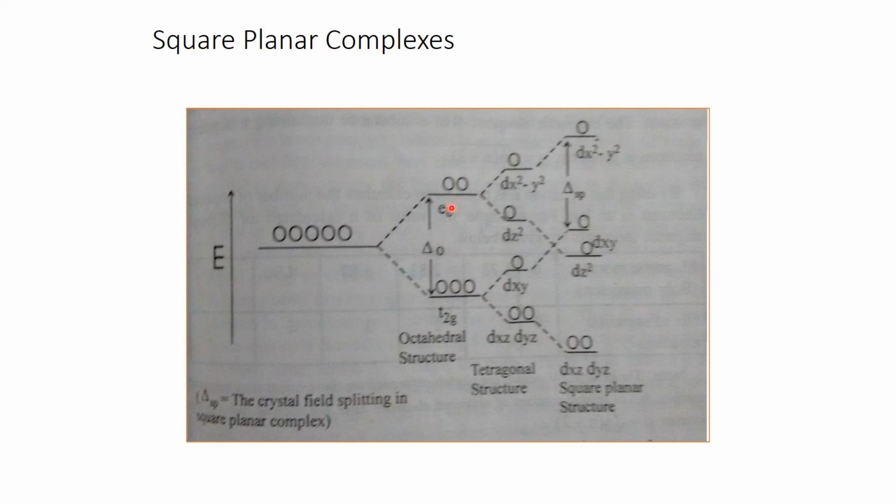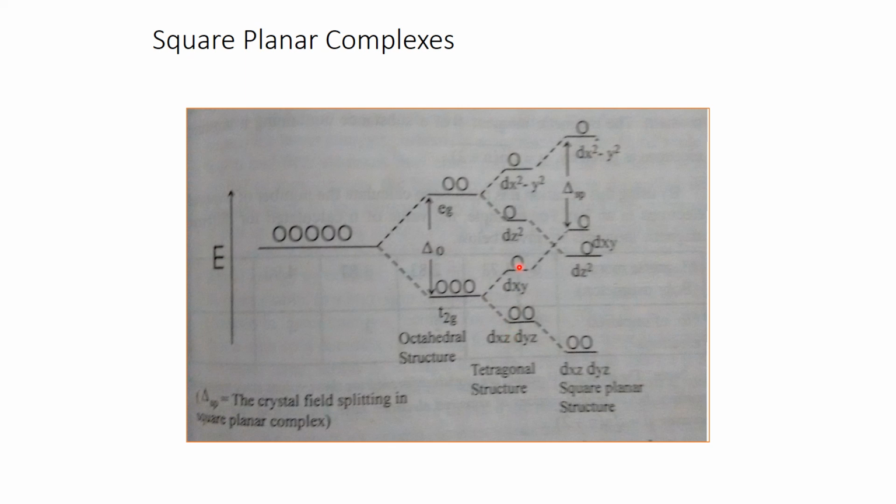That is, Eg orbitals are split into two, dx square minus y square and dz square, whereas T2g orbitals are split into dxy, dxz and dyz orbitals, and this one represents the tetragonal structure.